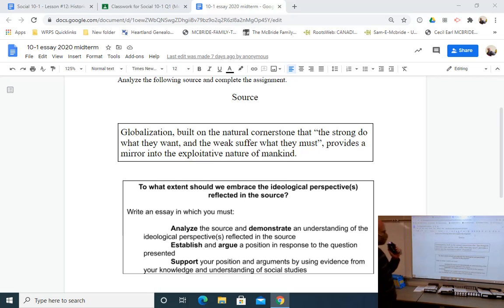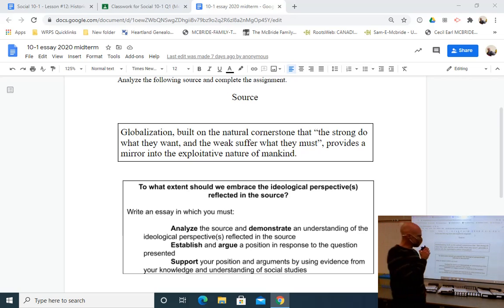Here it's saying that a natural cornerstone would be that the strong should do what they want and the weak will suffer what they must. That's realism, natural selection, survival of the fittest, social Darwinism. But then the second part of the source talks about how that natural cornerstone will provide us a mirror into our exploitive nature of mankind.